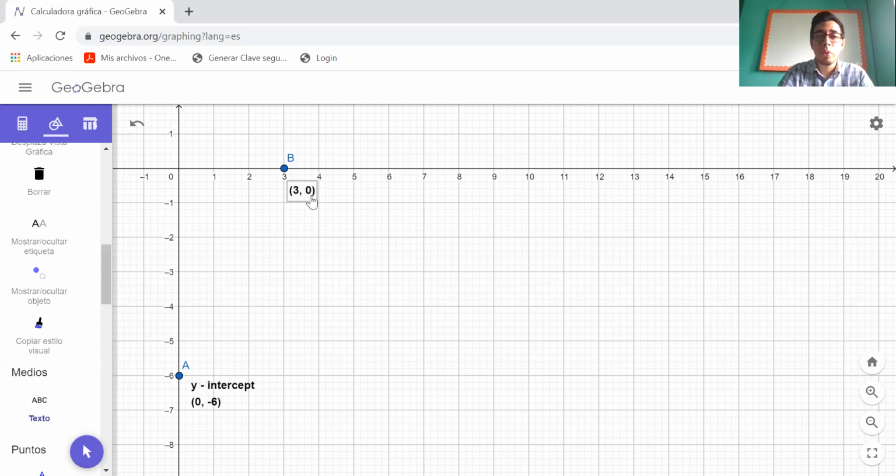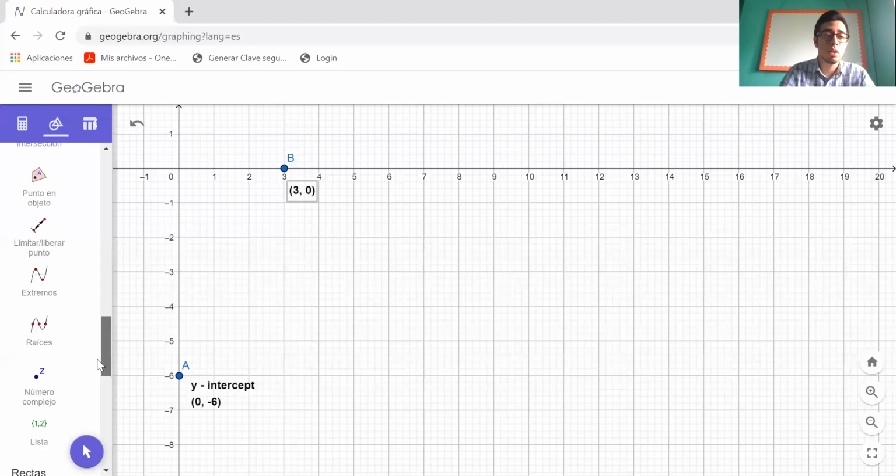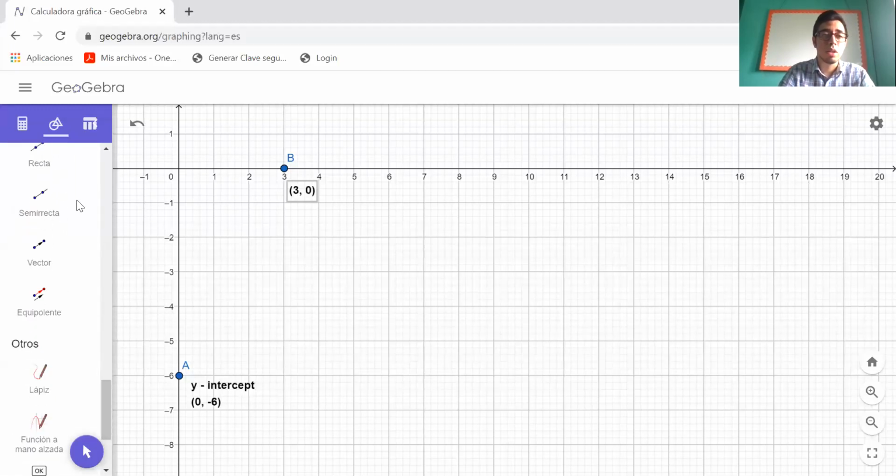If in this other point I have that y is 0, you can say that this is the x-intercept, but I don't need the x-intercept. That's the reason why I don't explain how to obtain the x-intercept. At least in this kind of exercise, we are only going to use the intercept in y. But it's good for you to know about this, so you don't get so lost.